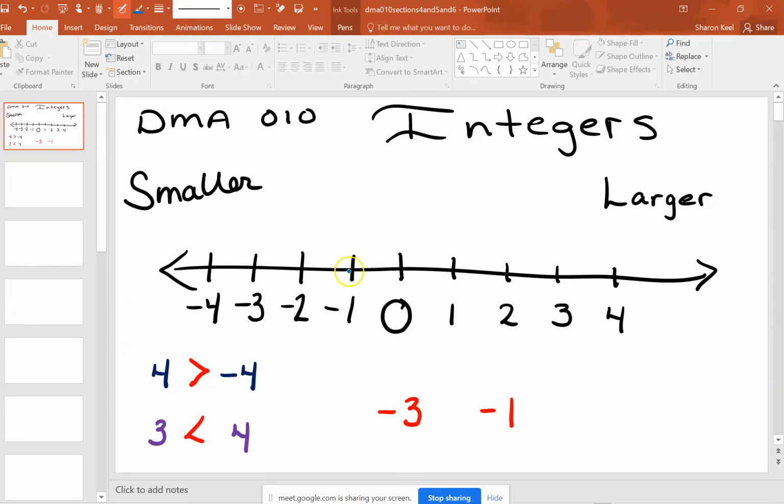So when you have negative numbers, the value that is closest to the 0 is the bigger value, and the number that's further away from the 0 is the smaller value. So the -3 is smaller than the -1. The digit 1 for the -1 is bigger than the -3.